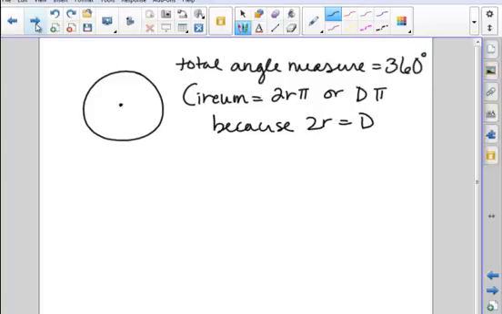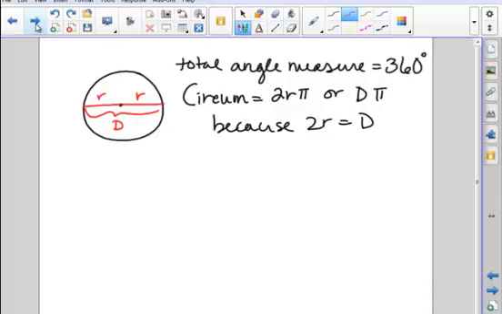And the diameter, by the way, has to go through the center of the circle. If it doesn't go through the center, it's not a diameter. So this whole thing is a diameter, and each of these halves of the diameter is a radius. And it doesn't matter which one you use. For the circumference, use whichever one you have, whichever one you like.